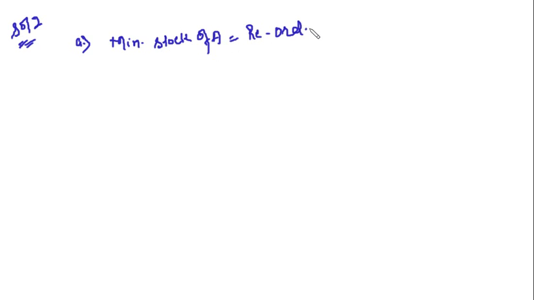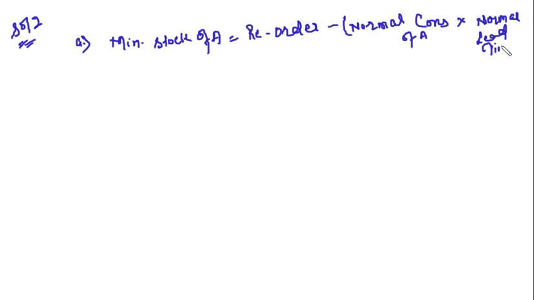Reorder level minus normal consumption of A multiplied by normal lead time. This is the formula.